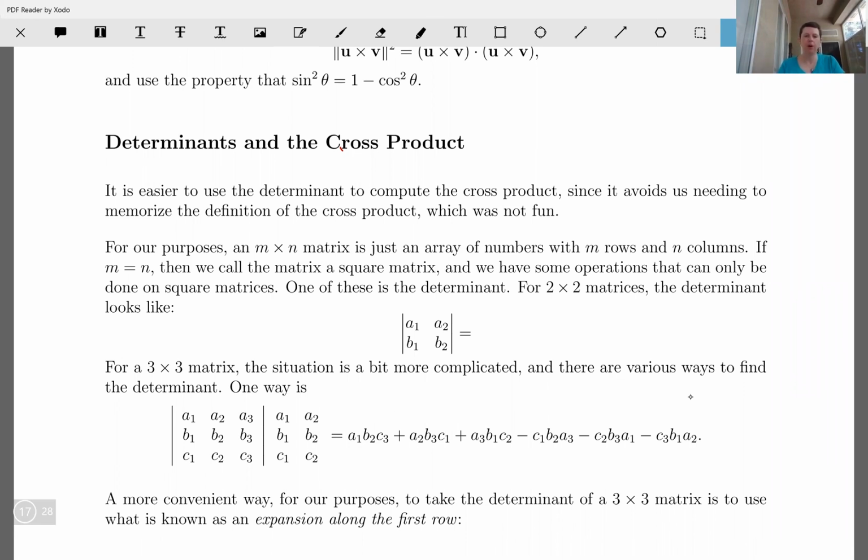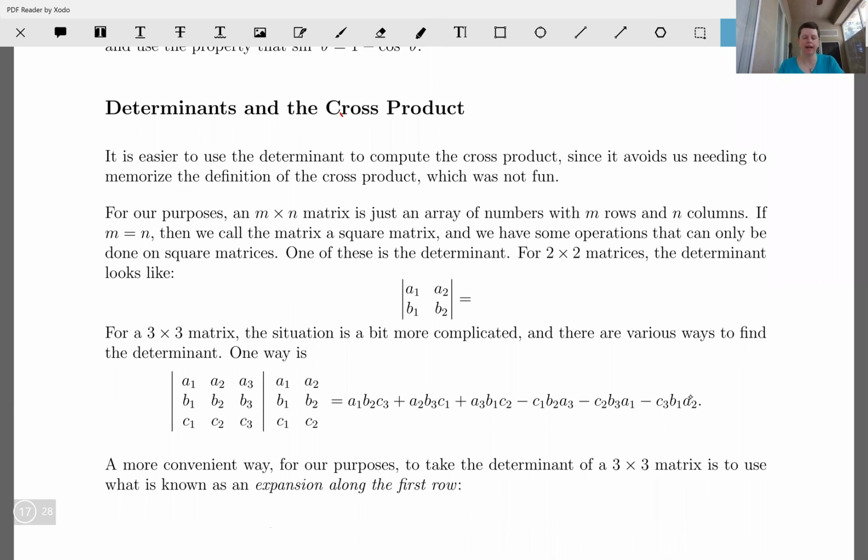So for our purposes, an m by n matrix, m as in Mary, n as in Nancy, is just an array of numbers with m rows and n columns. If the number of rows and columns are equal, we call the matrix a square matrix, and we have some things that we can only do with square matrices, such as the determinants.